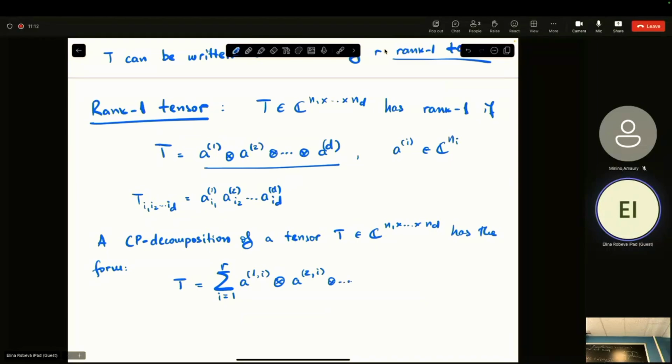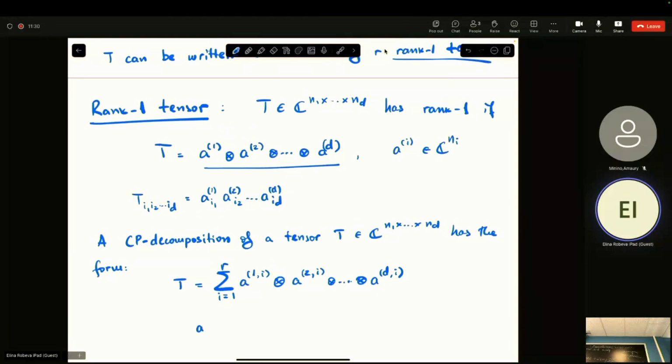I just need to have one of these A's for each factor. I want to do a sum of rank ones, and so I need two indices, and they're in the superscript so that I can also have subscripts.